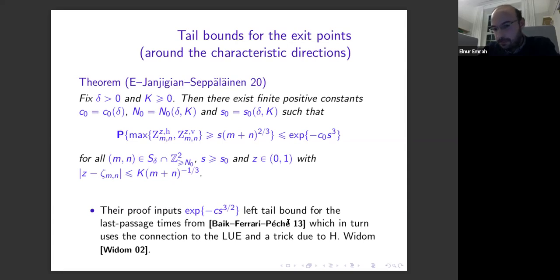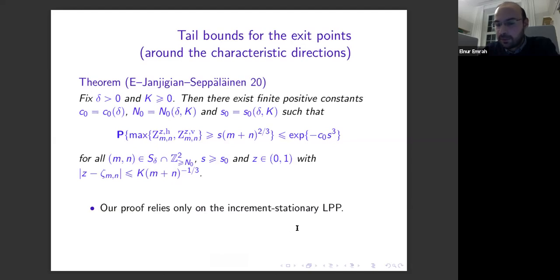This comes from an earlier work by Baik, Ferrari, and Péché, and they in turn use the connection to the Laguerre unitary ensemble and some saddle point analysis utilizing an idea from Harold Widom. So this is the type of argument that we are trying to avoid here.